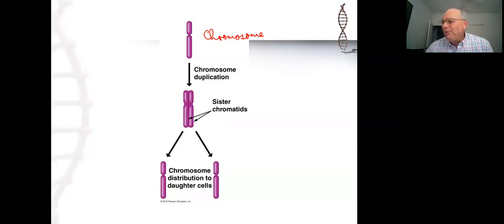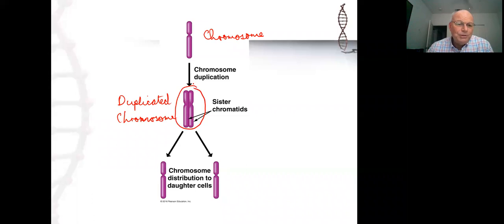But at some point prior to cell division, that chromosome is going to get duplicated. And I've never come across any biology professor that doesn't use this terminology. We call this a duplicated chromosome, or replicated chromosome, because technically speaking, this whole thing is the chromosome composed of two sister chromatids.